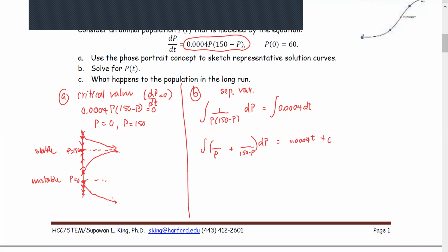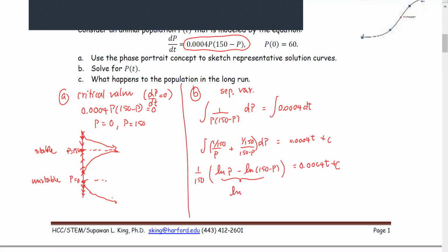The numerator of the first fraction is 1 over 150. The second one is 1 over 150 as well. So we take 1 over 150 out as a common factor, and the antiderivative of 1 over P is natural log P. The antiderivative of 1 over (150 minus P) is minus natural log of the quantity 150 minus P, equals 0.0004 t plus C. Multiply both sides by 150 and combine the two logs as a quotient.